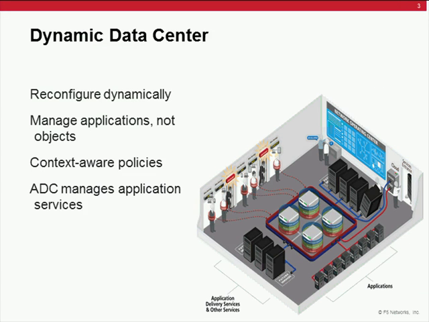Everything comes to a central point for those particular services, and that's where the BIG-IP devices sit in these dynamic data centers, at that strategic point of control, to make intelligent decisions based on the contextual information coming in at the time of the request. In an F5-powered dynamic data center, IT can manage the network as a pool of reusable resources that can be configured and reconfigured dynamically.